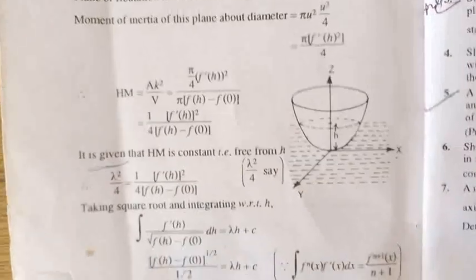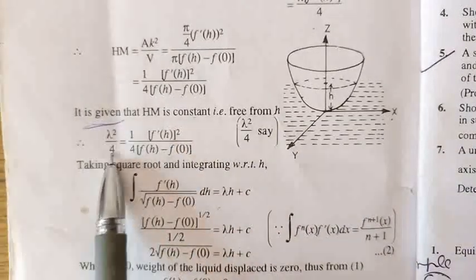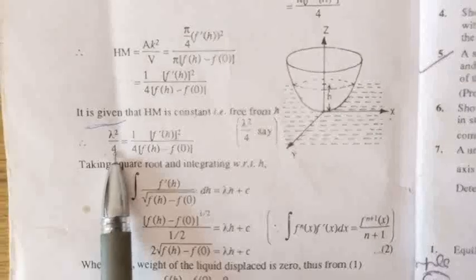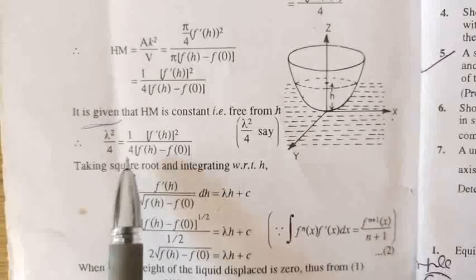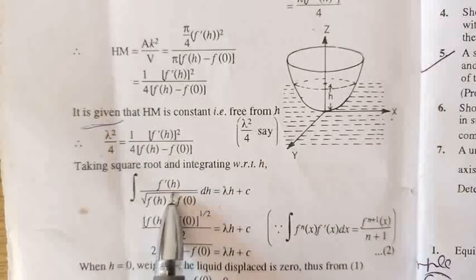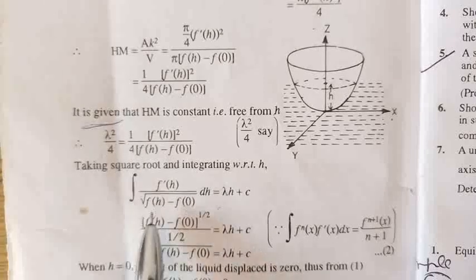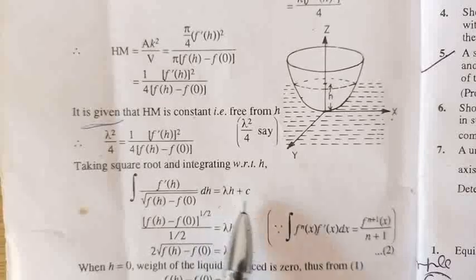So for our convenience, let us take this hm to be lambda square upon 4. So we can see from here that 4 will be cancelled from both sides, and taking the square root and integrating with respect to h, we get integral of f dash h upon under root of f of h minus f of 0 is equal to lambda h plus c.